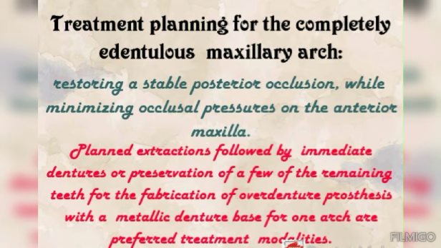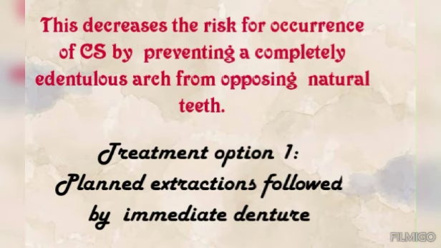the preferred treatment modalities. So the important key point is we have to give minimal pressure to the maxillary anterior region. This decreases the risk for occurrence of combination syndrome by preventing a completely edentulous arch from opposing natural teeth. So the first treatment option is planned extractions followed by immediate denture.